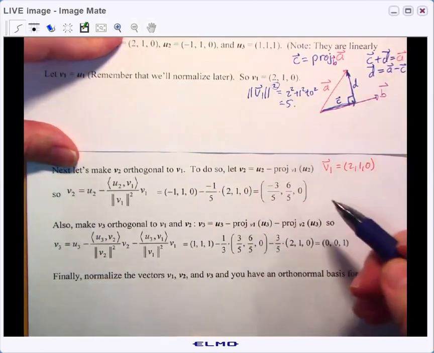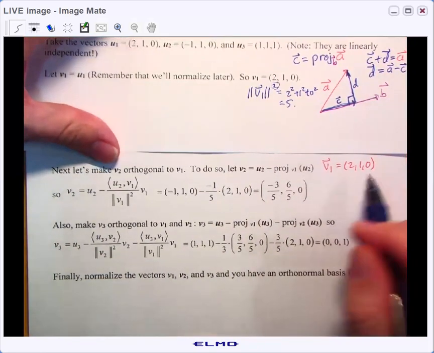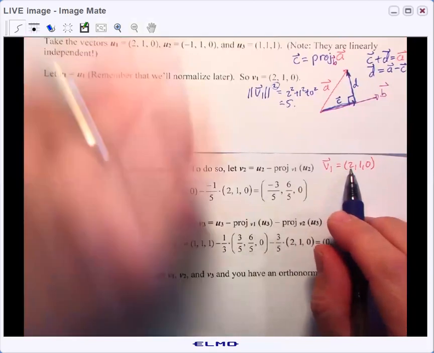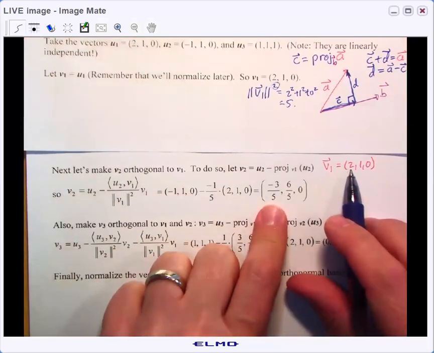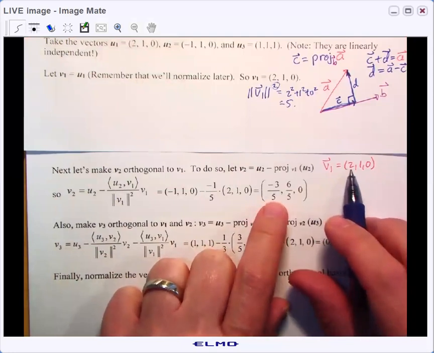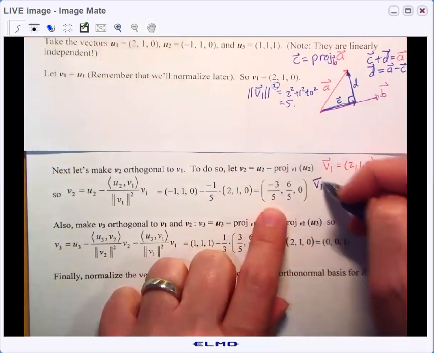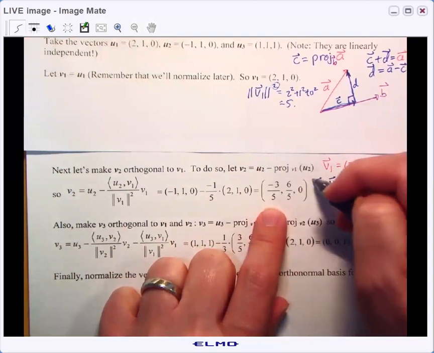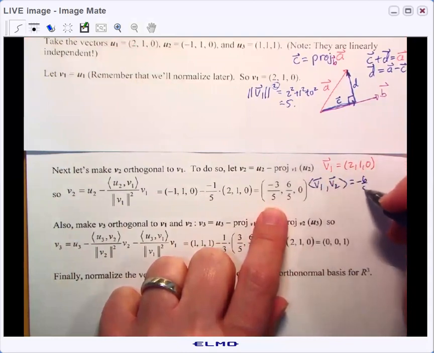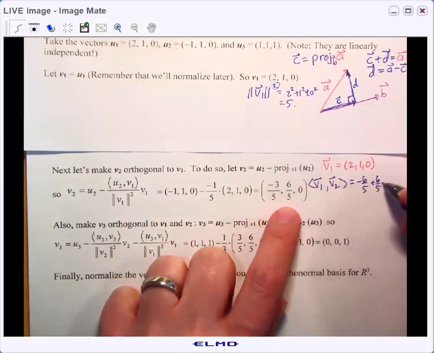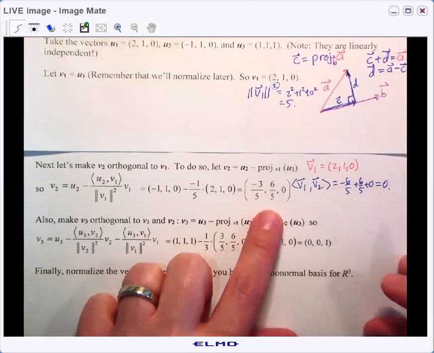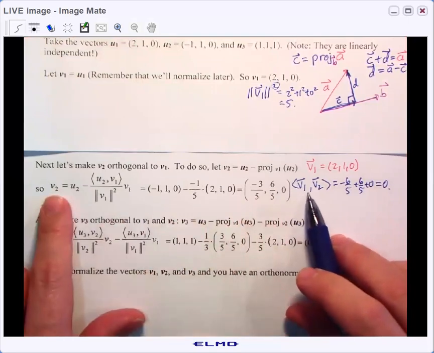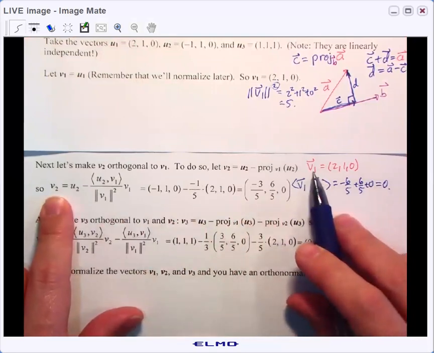If we do an inner product of V1 with V2, let's do a quick check to make sure I haven't made any silly mistakes along the way. I'll get -6/5 plus 6/5 plus 0, which is 0, telling me that yes, the V2 vector is now orthogonal to the V1 vector.